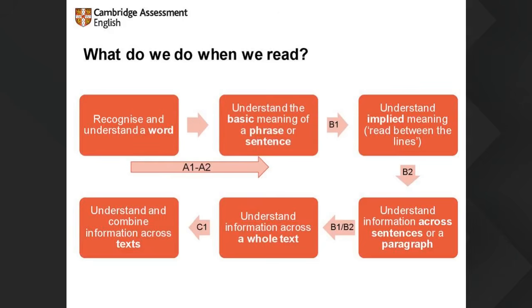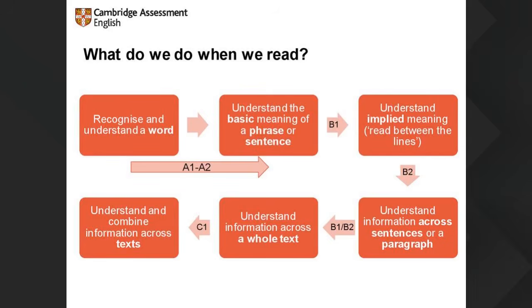Breaking down reading further, Victoria. Yeah, again, we see the progression from lower levels to higher levels. So at lower levels, students are expected to recognize and understand a word. The decoding process is more challenging for them, and they need to understand basic meaning of a phrase or a sentence.